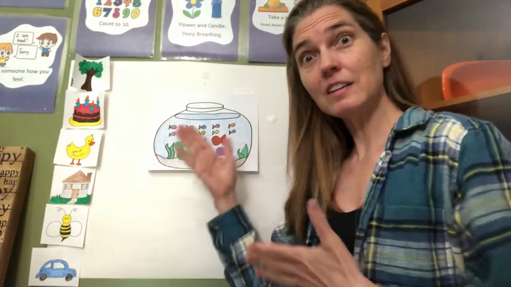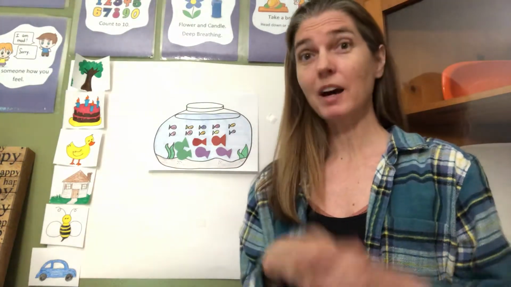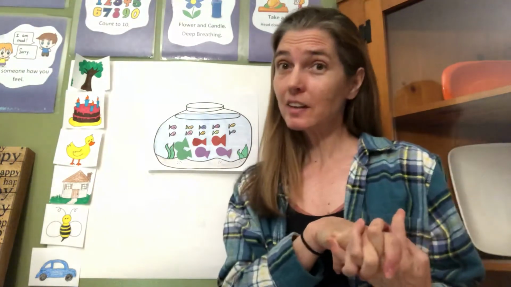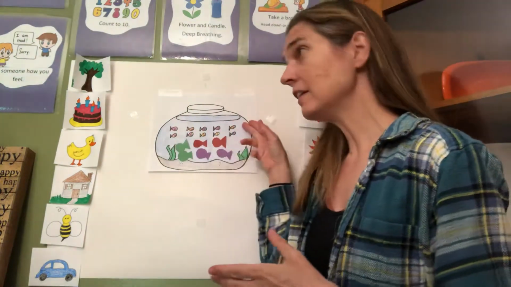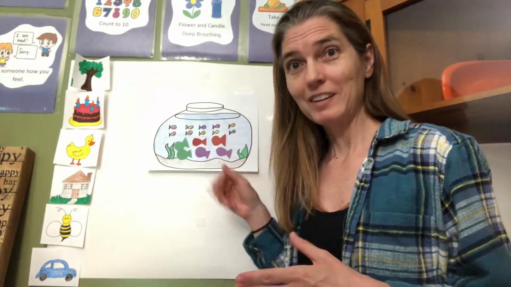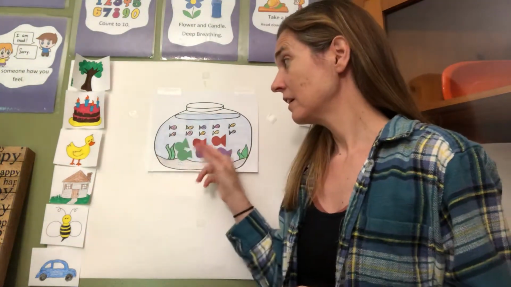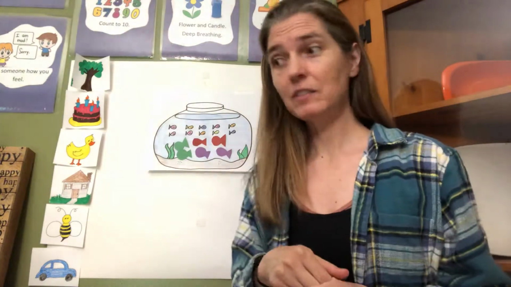So 16 is just 16 fish swimming in the bowl. I look at that and think it's interesting though, because I can also think of 16 as these 10 fish and 6 more. So 16 is the 10 fish and 6 more.